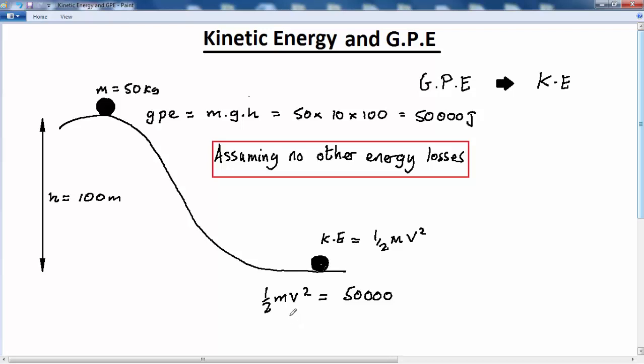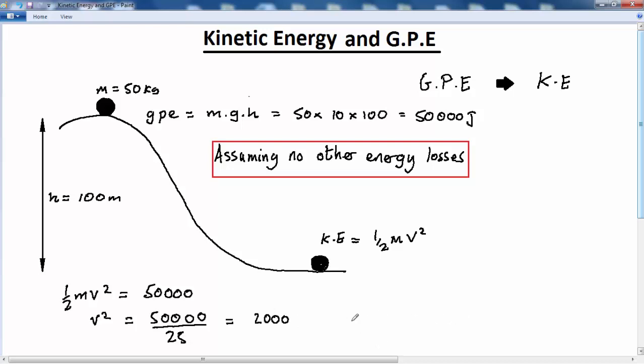So we can say that v squared is equal to 50,000 divided by a half m. m is 50, so a half m is 25, which gives 2000, so v equals the square root of 2000, which equals 44.7 meters per second. Well, that's a really fast rock. I wouldn't want to get in the way of that.